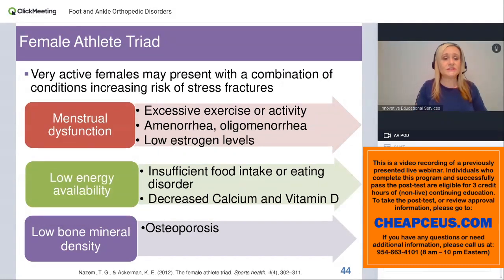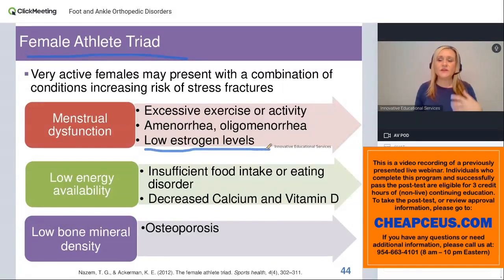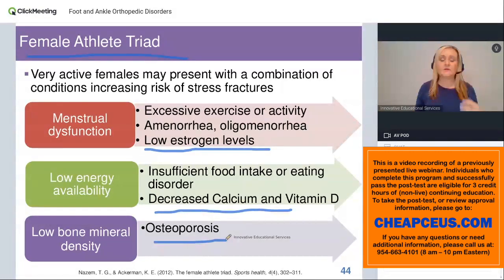The other cohort to consider when we look at the risk of these stress fractures are our female athletes who present with the female athlete triad, where they have low estrogen levels that are evidenced by less frequent or non occurring menses. They don't have sufficient vitamin D and calcium intake for that bone building that places them at a greater risk of osteoporosis.